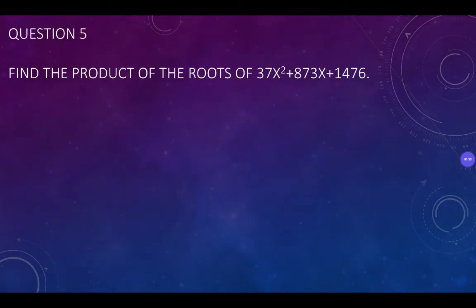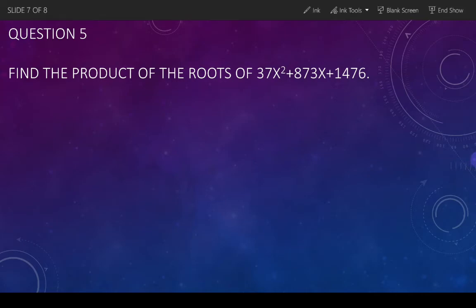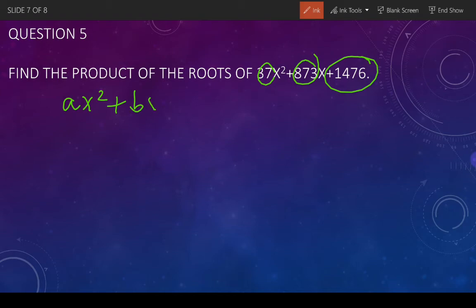Okay, next question. We have question number 5. Find the product of the roots of 37x squared plus 873x plus 1476. So as we can remember, yung quadratic expression natin is ax squared plus bx plus c.